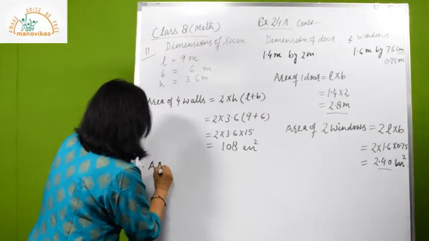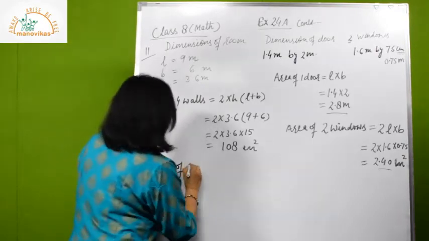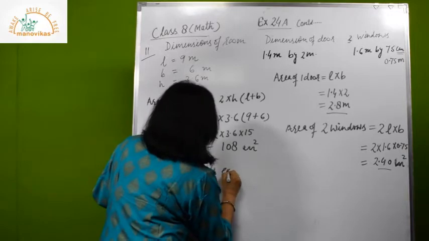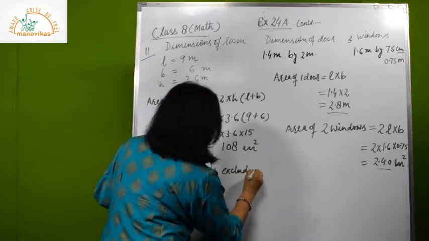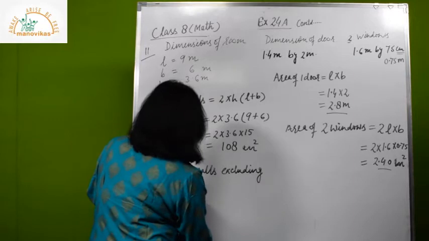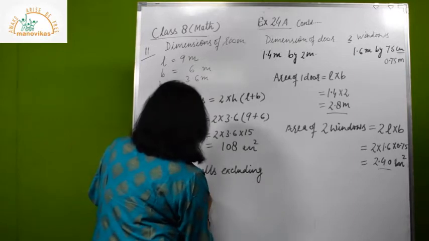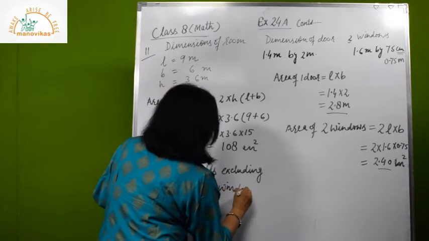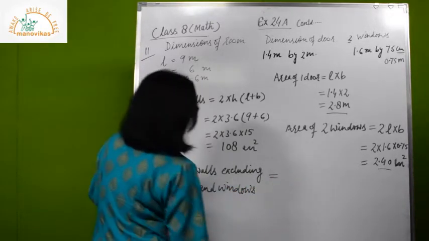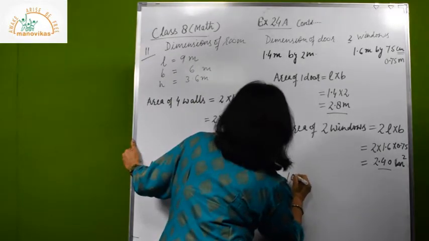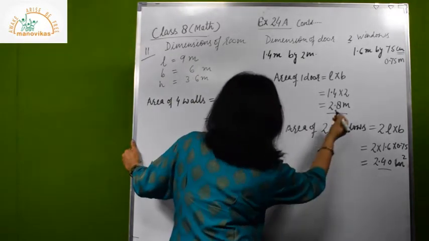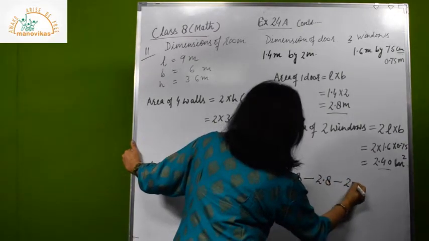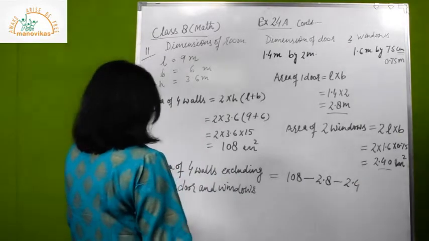Therefore, area of four walls excluding door and windows: from the area of four walls, 108, you subtract the area of door 2.8 as well as the area of two windows 2.4.